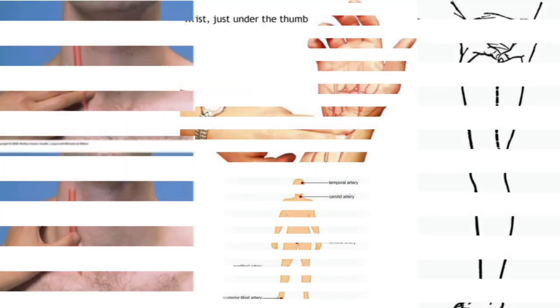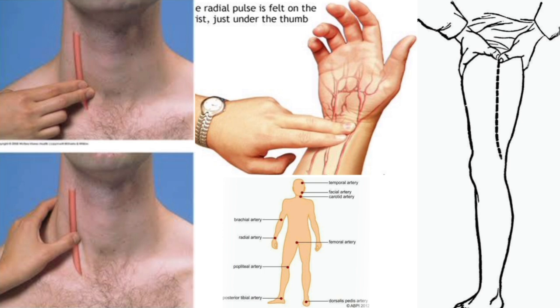In emergency situations where a blood pressure cuff is not available, we can roughly estimate the systolic blood pressure by checking which pulse is palpable. When the carotid pulse is palpable, the SBP, or systolic blood pressure, is over 60. When the femoral pulse is palpable, the SBP is over 70.